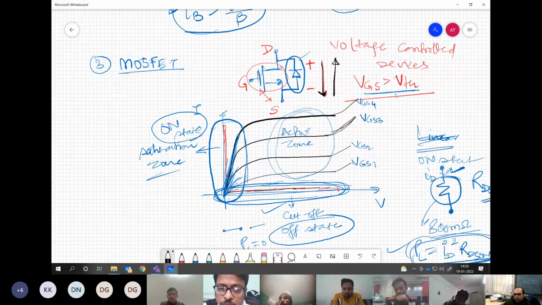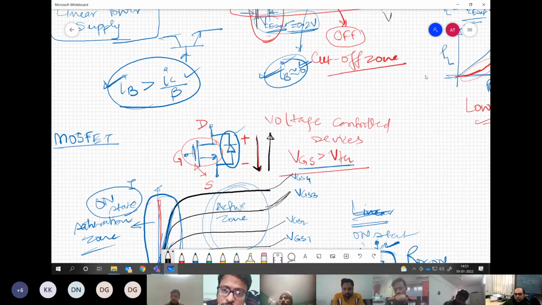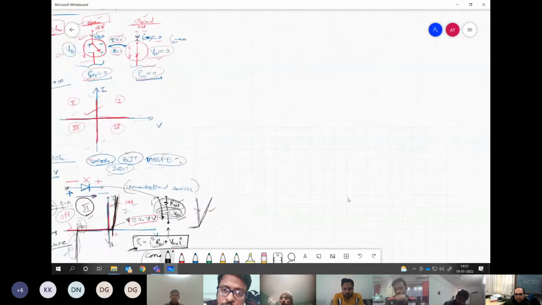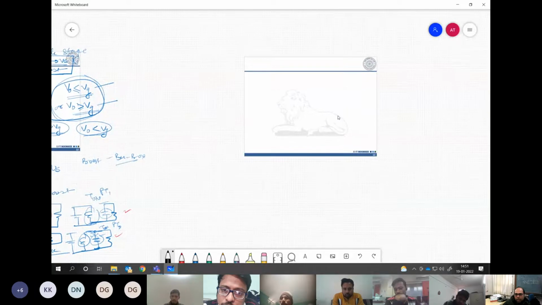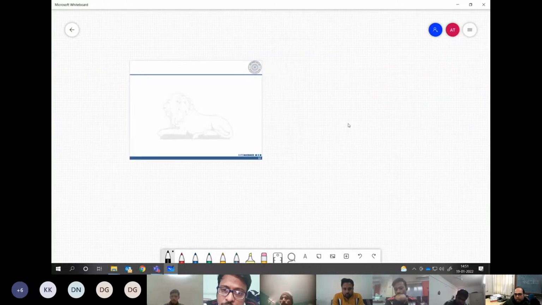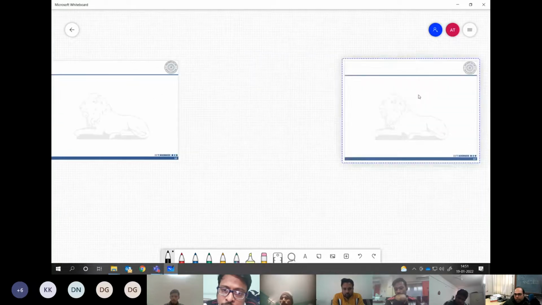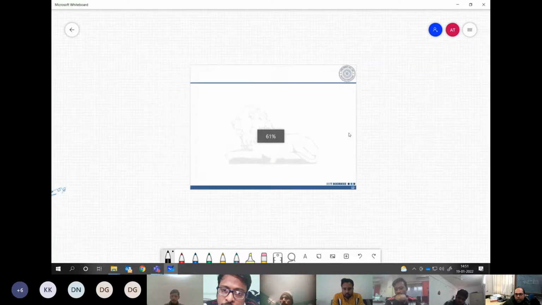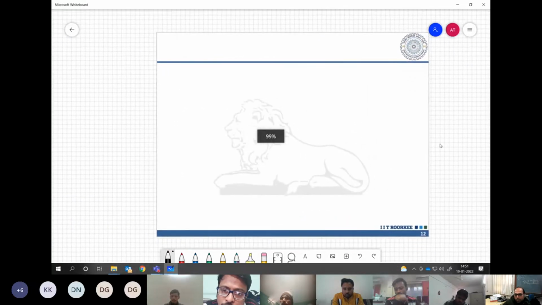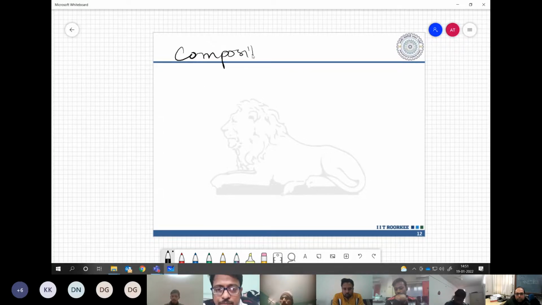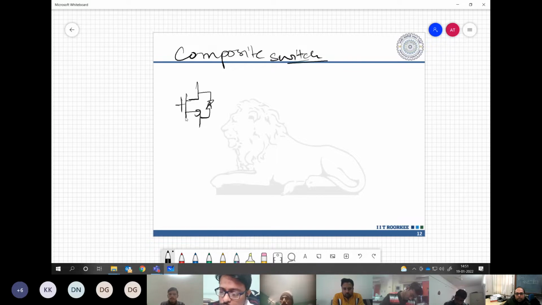So here what we see can be called a composite switch. Individual switches give us some characteristic, some quadrant of operation. But if we combine two switches together, say the MOSFET is naturally with a diode. Let us talk about only the ideal characteristic, because the actual is very close to the ideal.